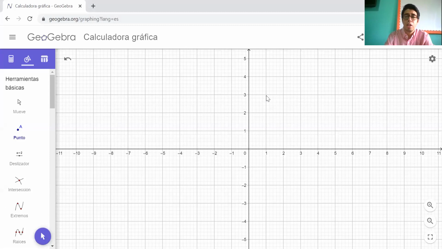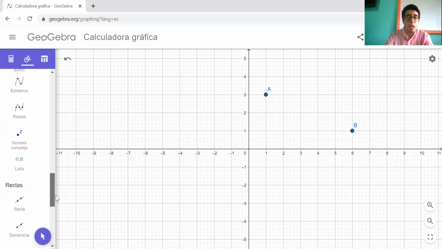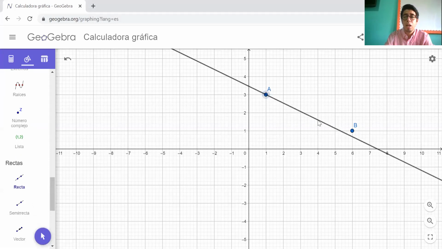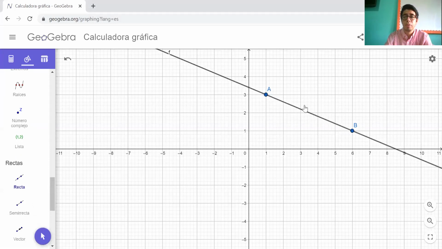I don't have any special in mind. So if I place, for example, here, and I place the other point here, I'm going to use a line, this line. I take the first point and I touch the second one.